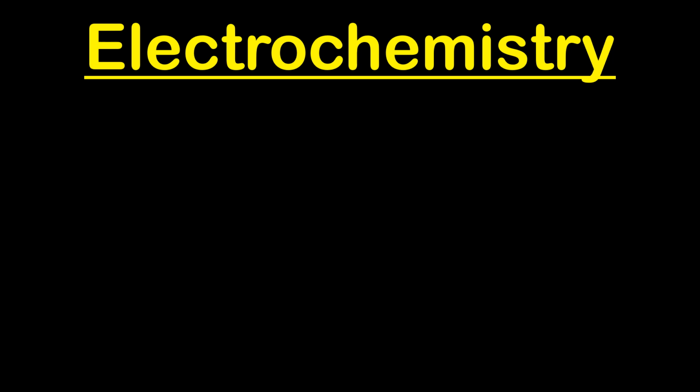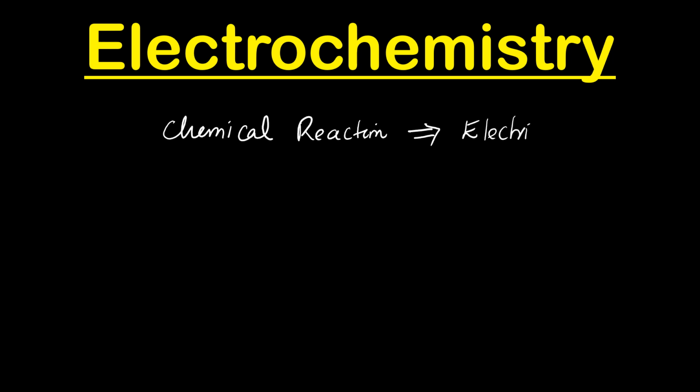So now, dear student, the first way of studying electrochemistry is just studying the generation of electricity by chemical reactions. Chemical reaction generating electricity. Now the student question here is, what is electricity?